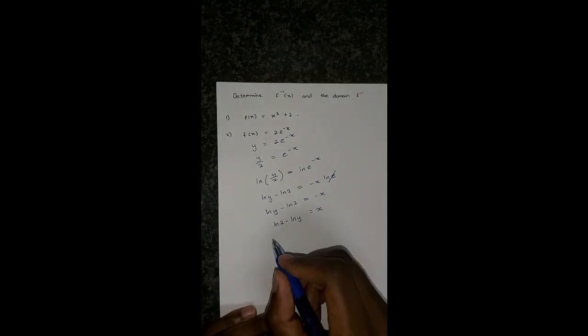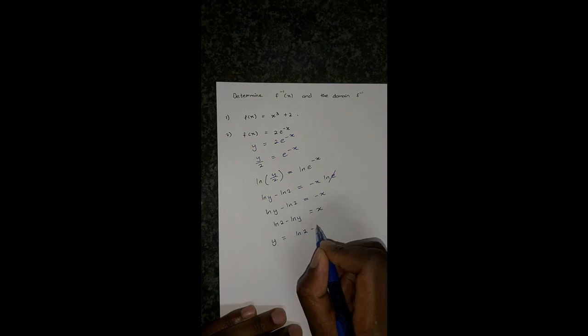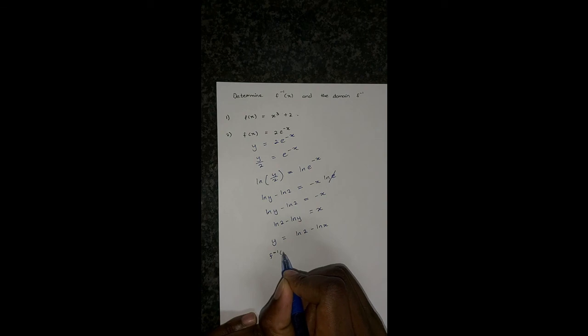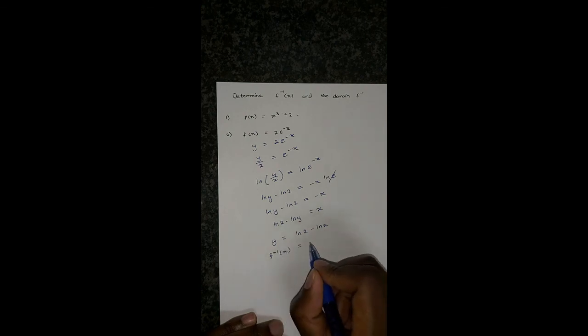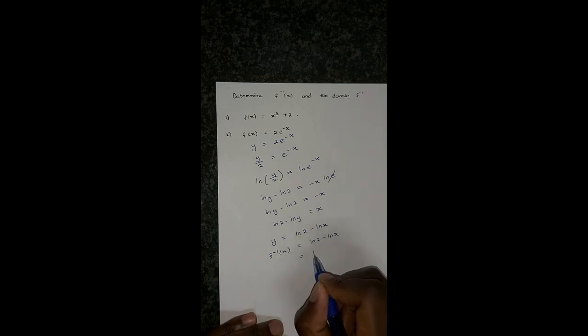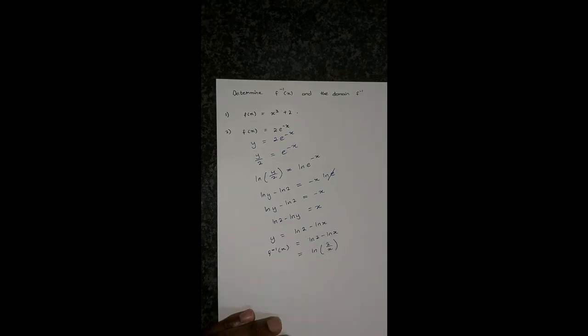Then we interchange. So y is equal to ln 2 minus ln x. F inverse of x is equal to ln 2 minus ln x, and then this one you can also rewrite as ln of 2 over x from the laws of logarithms.